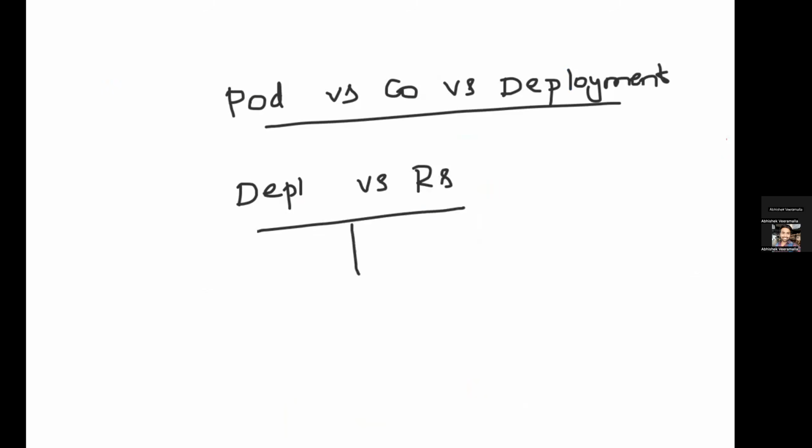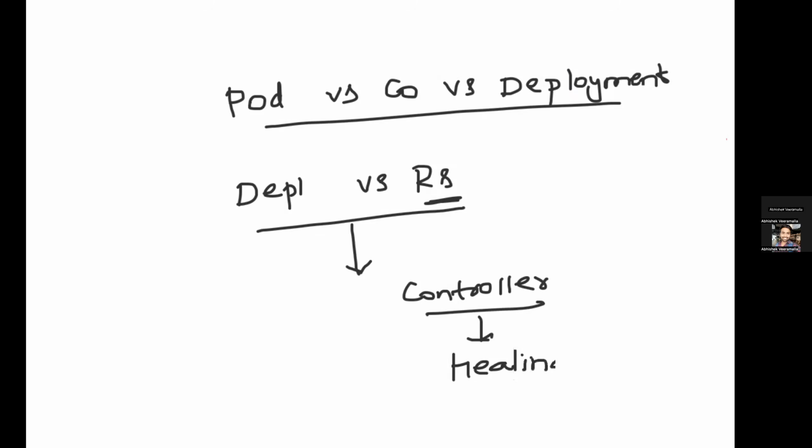Don't worry, it's very simple. Replica set is basically a Kubernetes controller. That is the one that is implementing the auto healing feature of your pods. If a pod is getting killed, or if a deployment says to increase the pods by one, who is doing this? The replica set controller.